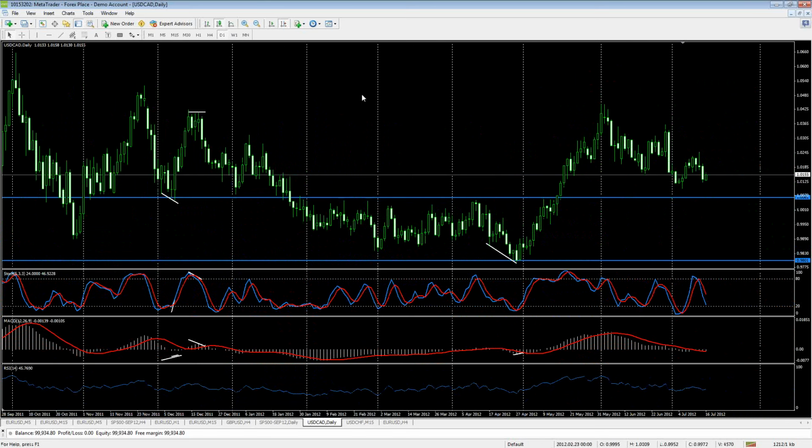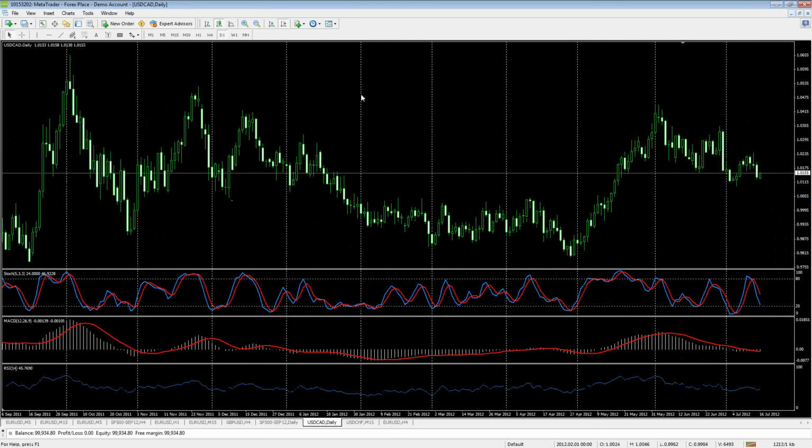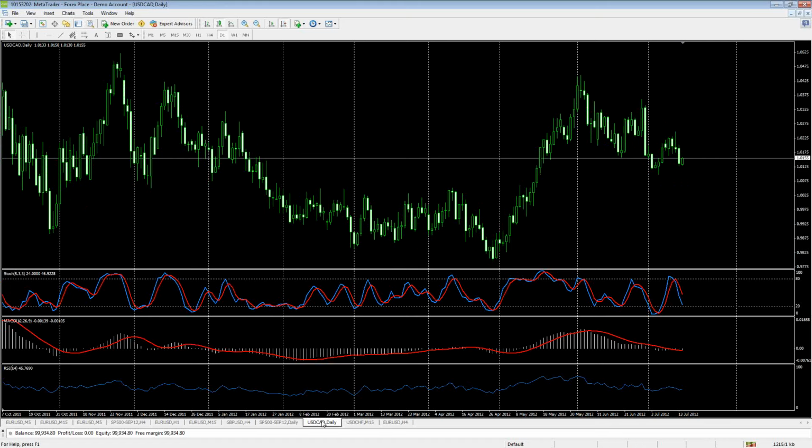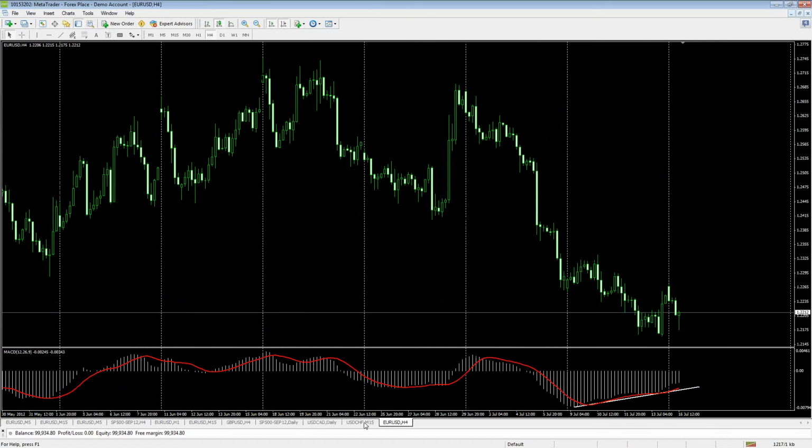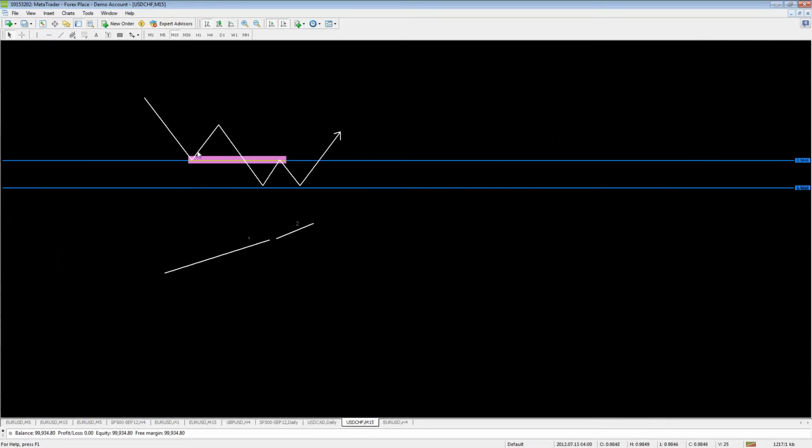So this is the pattern for reversal. Again, I remind you where it is: 1 low, 2, 3 lows, when the two lows are more or less the same height, and then second divergence, or the other way around.